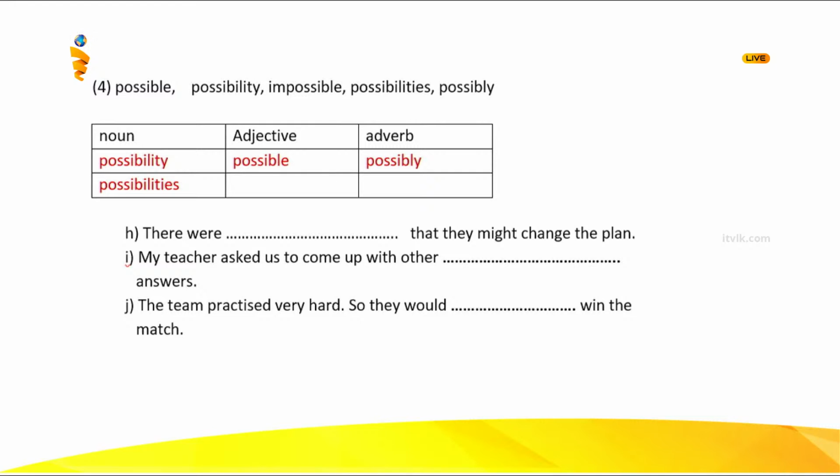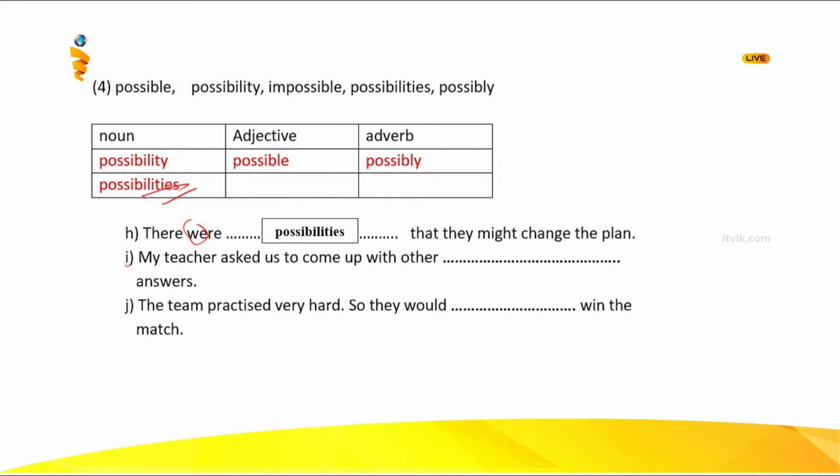There were blank that they might change the plan. There were. Here it's plural. Can you see a plural noun or a verb there? Or something plural? Possibilities. There were possibilities that they might change the plan.